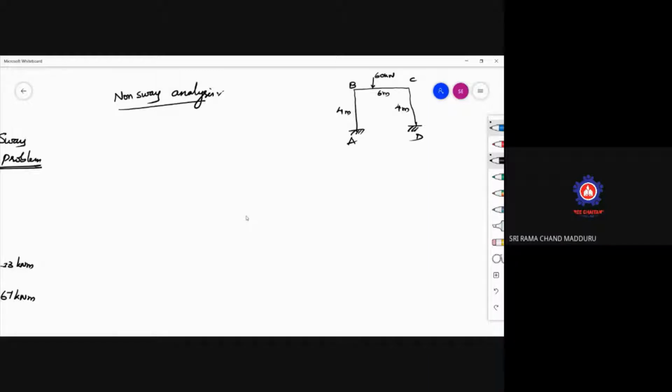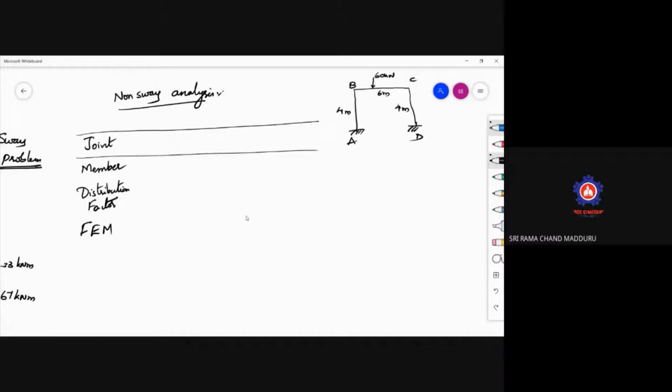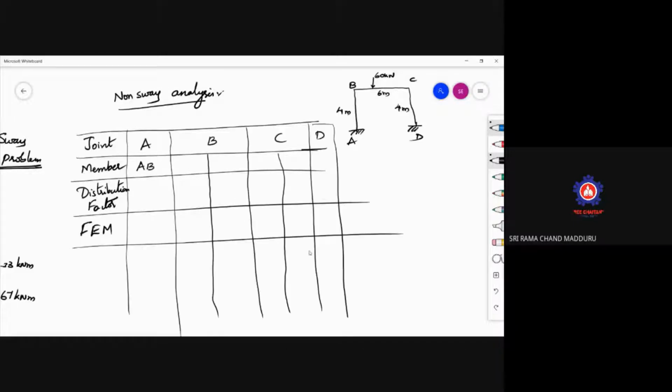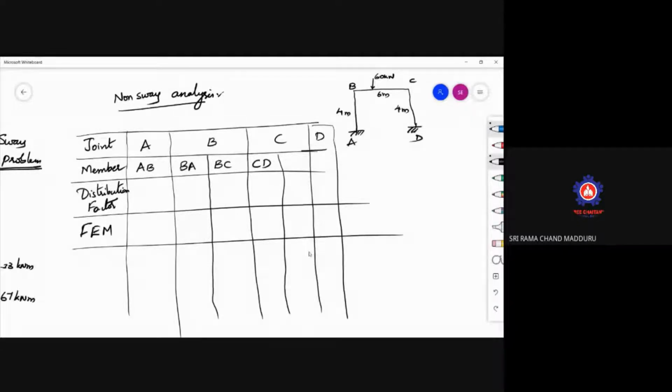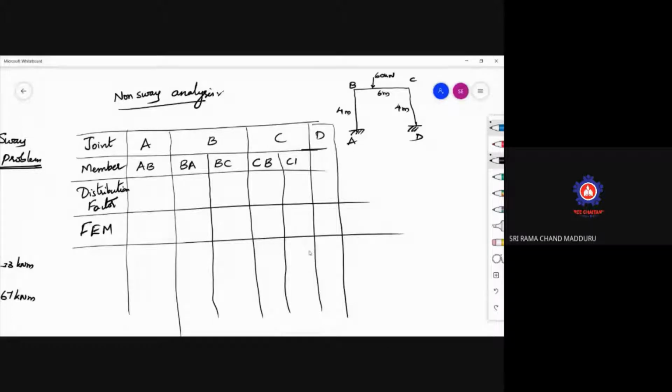Now in this condition, what I will write down is joint, member, distribution factors, fixed ends. Member BA, member BC, member CB, member CD, member DC.